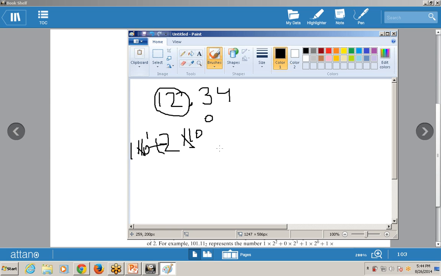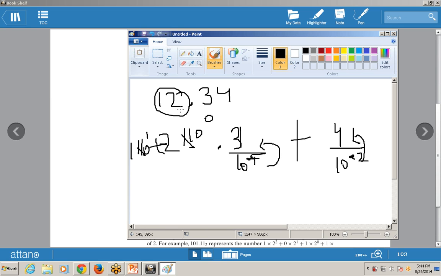But after the dot, this is 3 upon 10 power 1, then plus 4 upon 10 power 2. This is not minus 1, this is 2, and whenever it goes to the numerator, this becomes 10 power minus 2 and 10 power minus 1. In simple terms, this is only an integer number, so the procedure is the same.